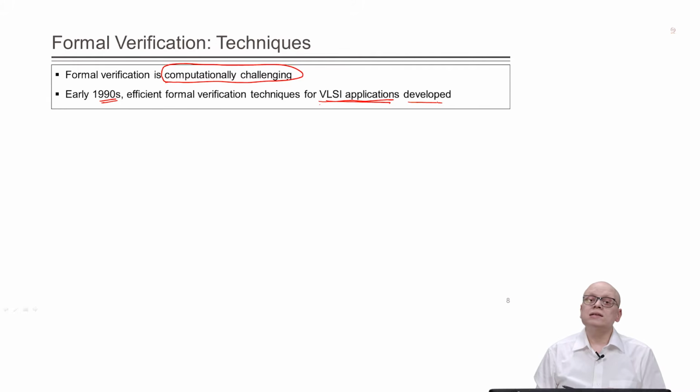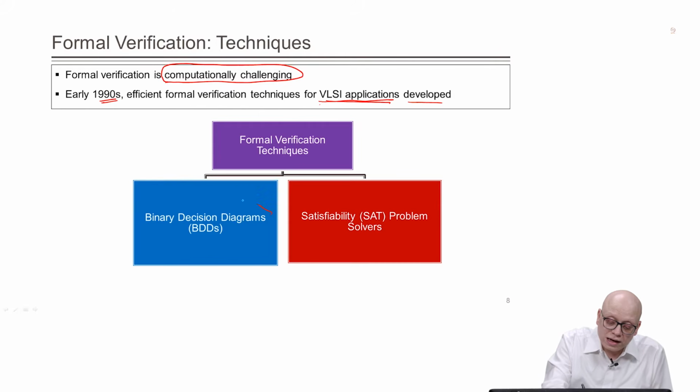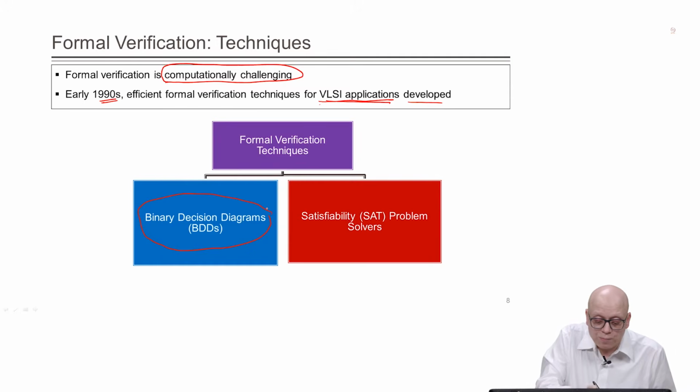Now, what are these efficient formal verification techniques? The breakthrough in formal verification came because of two basic methods. The first one is a very compact and efficient representation of Boolean functions using a model which is known as binary decision diagram.